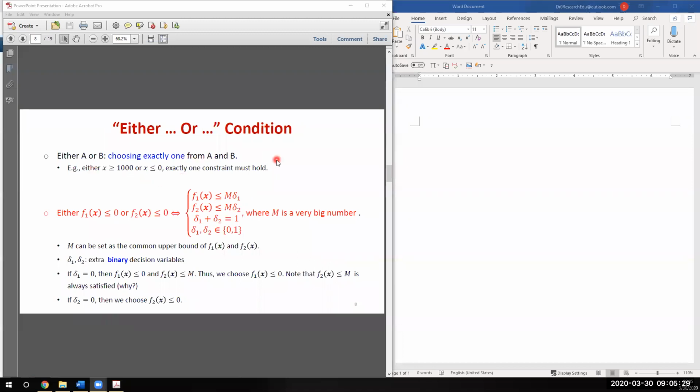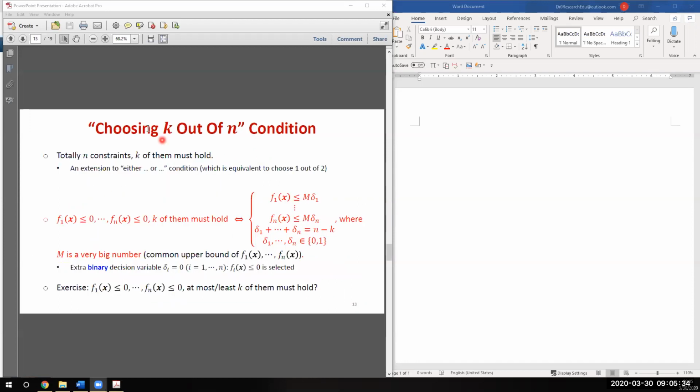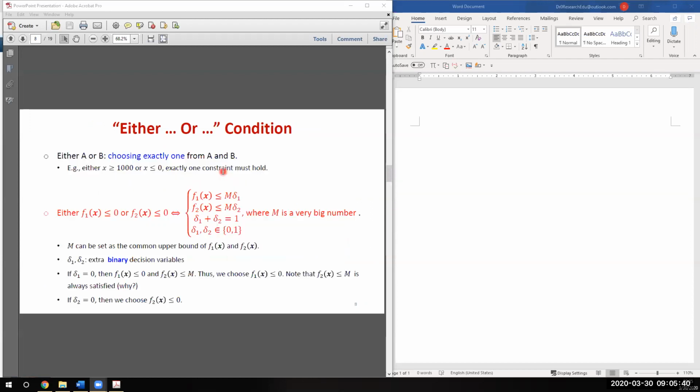So either/or is equivalent to something that I'm gonna mention in the beginning of this lecture, which is choosing k out of n. Either/or means I'm gonna choose exactly one out of two. So if you have an either/or in general, for example, f1x less than or equal to 0 or f2x less than or equal to 0, you can formulate it in this way.